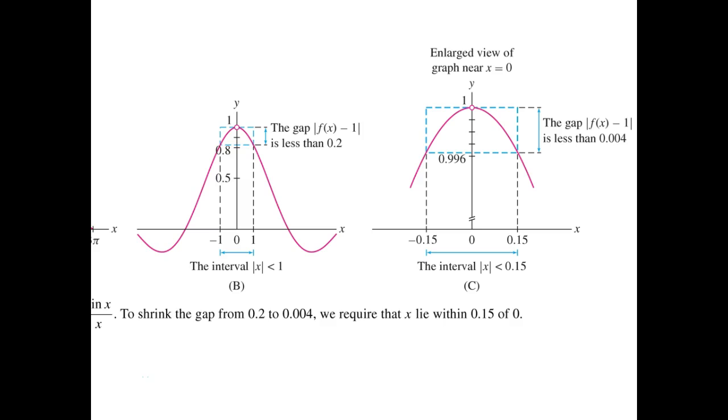If you wanted it within 0.001, get even smaller, okay? Something about there would work. Okay. That's what we're getting at pictorially. Again, that's not a rigorous proof, but that's where the rigorous proof is going.